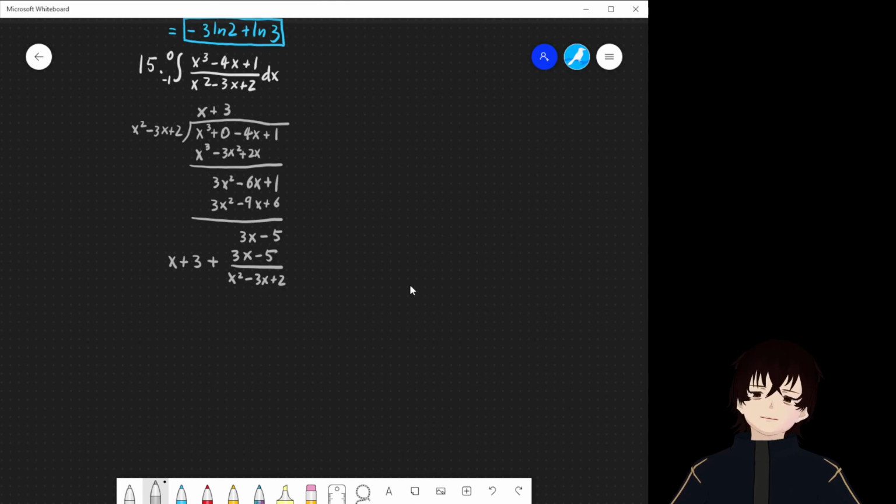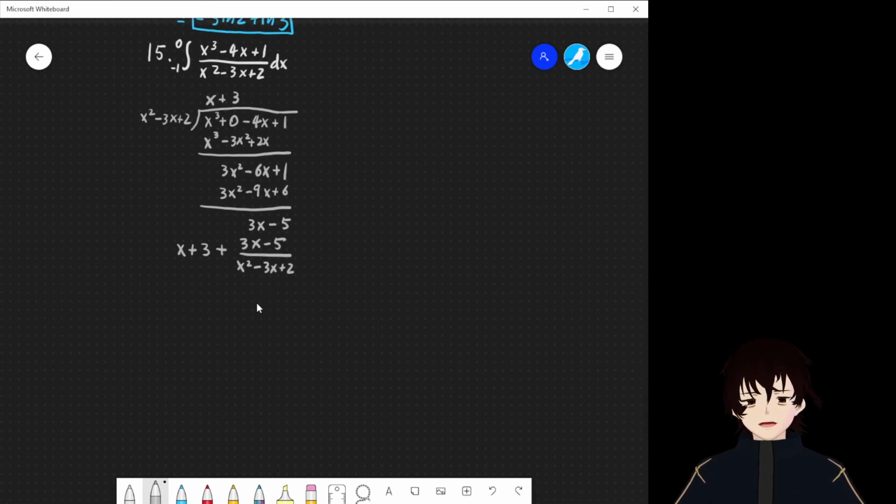Oh no! I'm guessing that we need to partial fraction this thing. I should have two colors for notes next time.